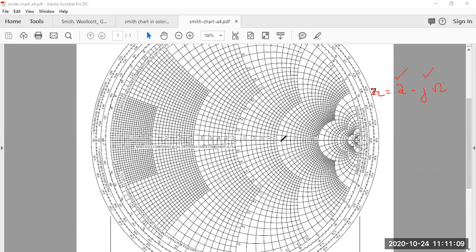This is the circle for 2, this one. And where is the minus 1 circle?